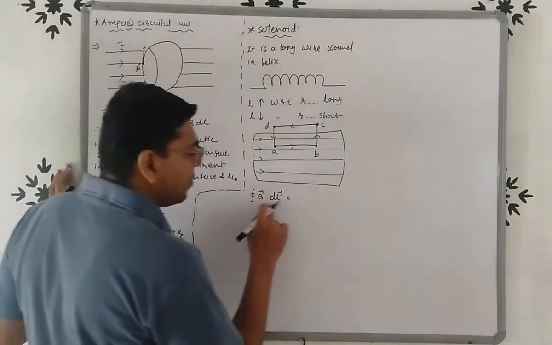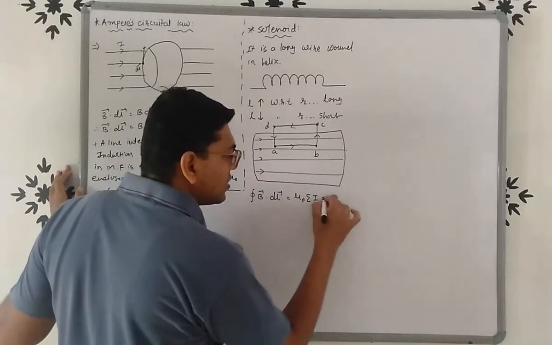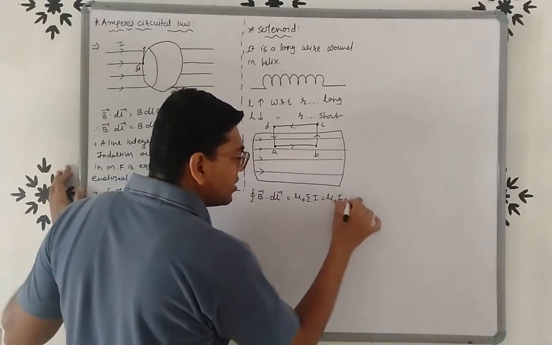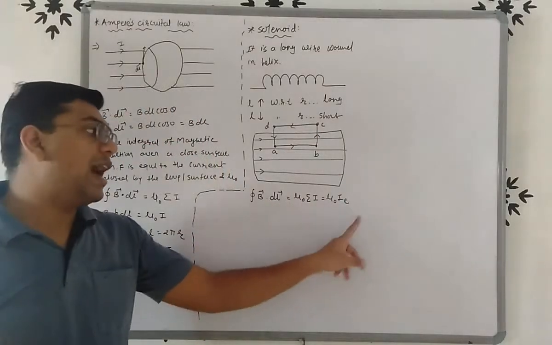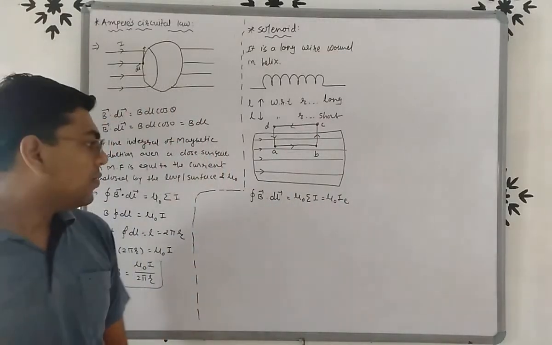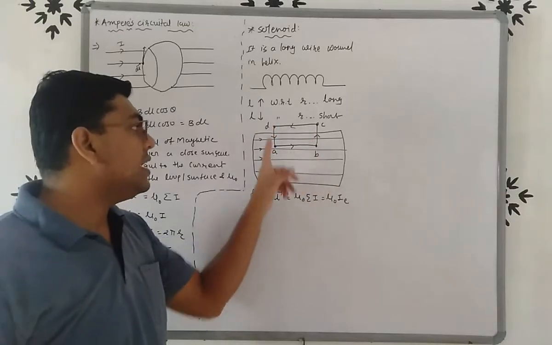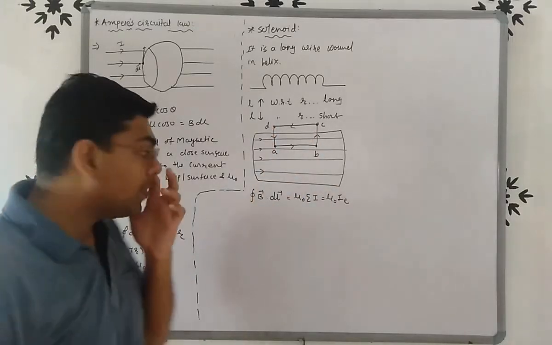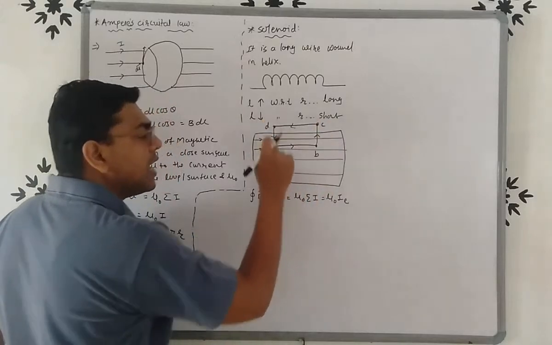So closed integral B dot dl is equal to mu 0 sigma I. Suppose the current enclosed by this Amperian loop is IE, so mu 0 IE. Now the Amperian loop is ABCDA, so first we consider AB, then BC, then CD and DA.